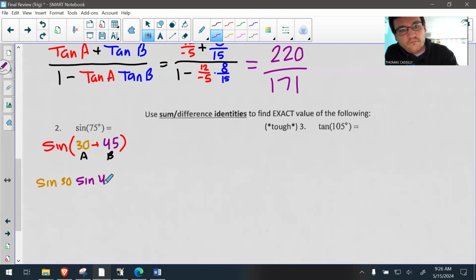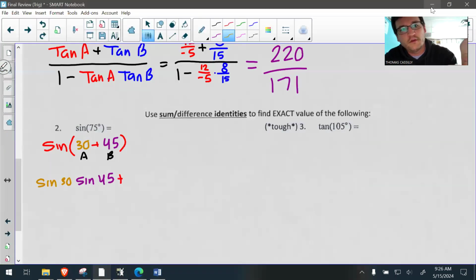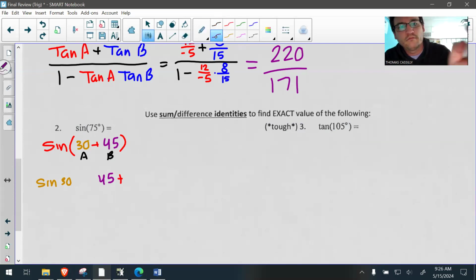Right? Plus and then switch them. So we're going to have the, should be a cosine. All right. Now the next one has to be the sine of 45 times the cosine of 30 now.